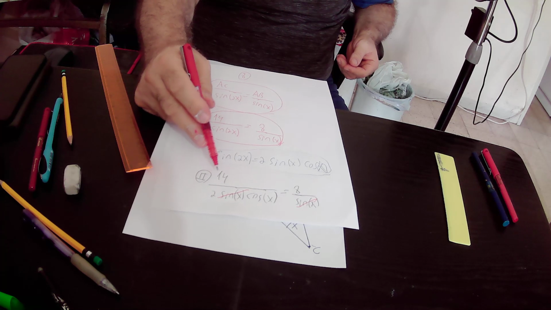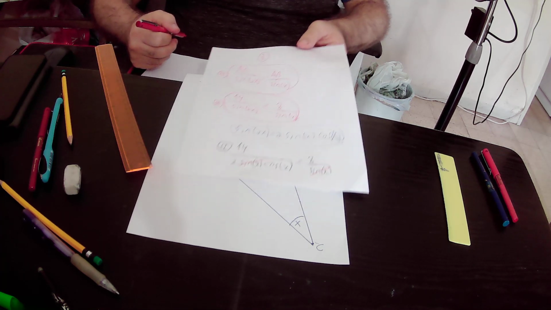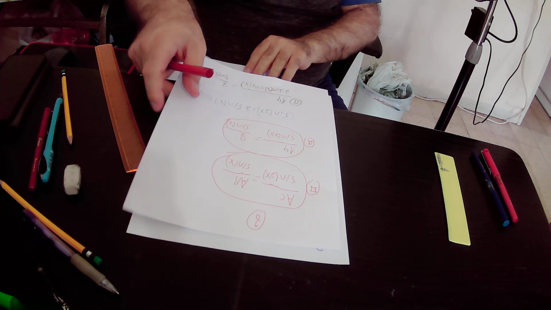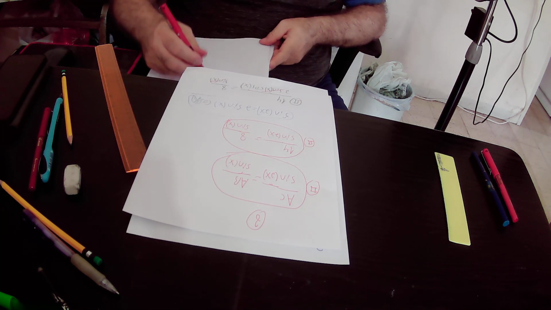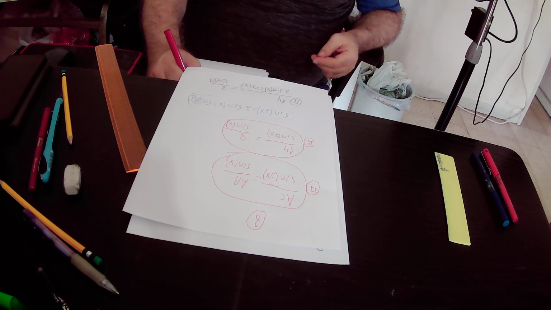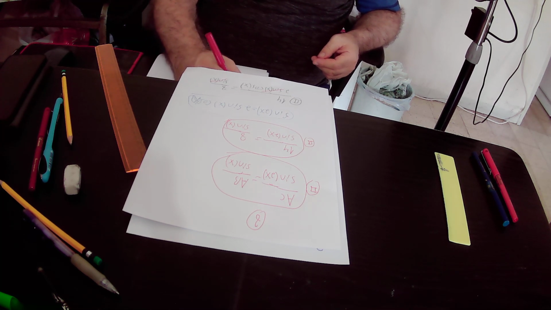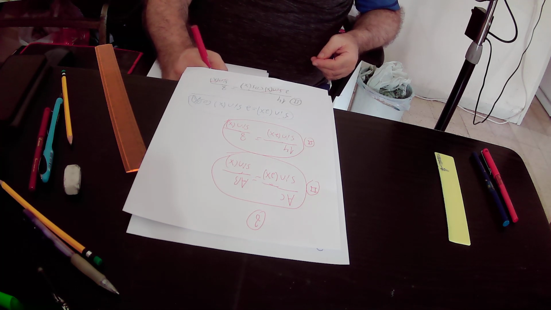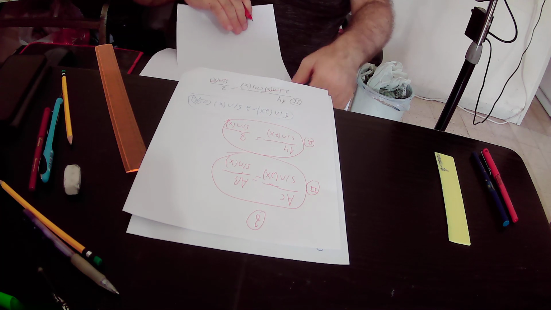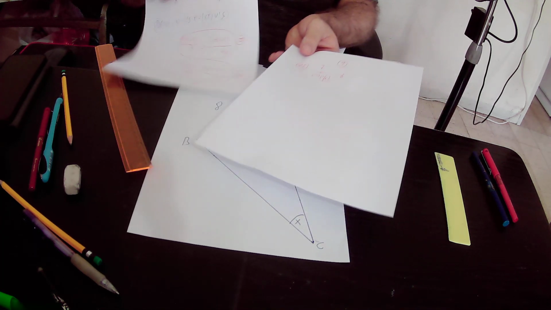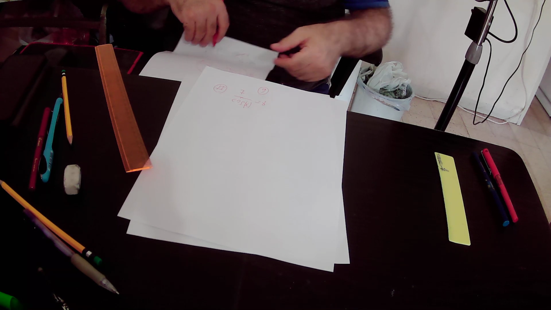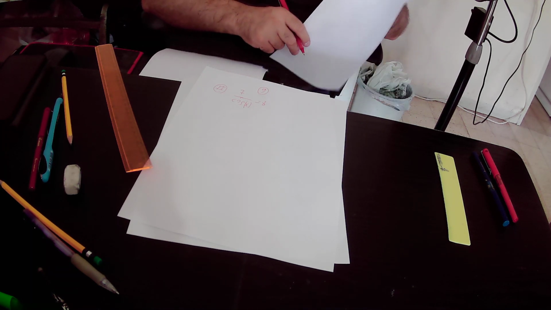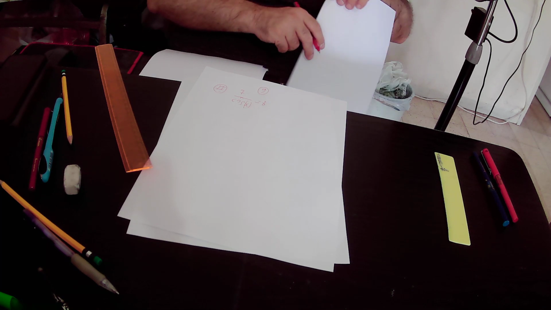And 14 over 2 is 7, so I'll write it down that 7 over cosine x equals 8.